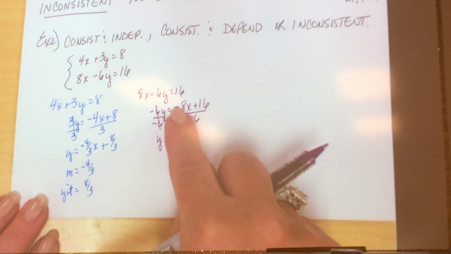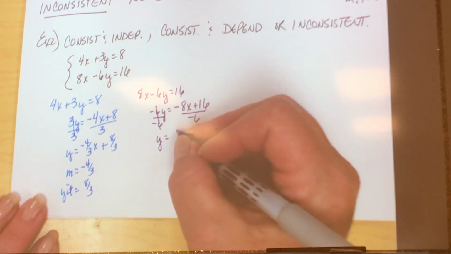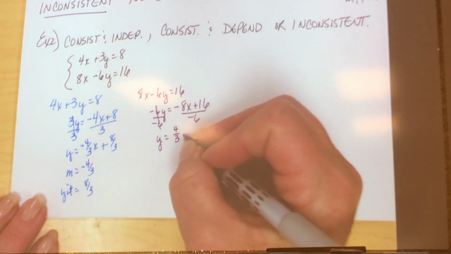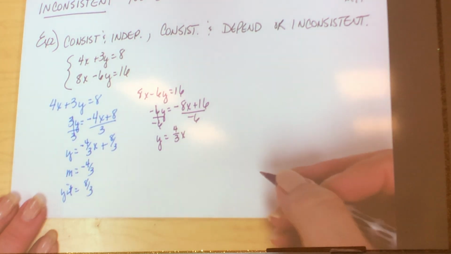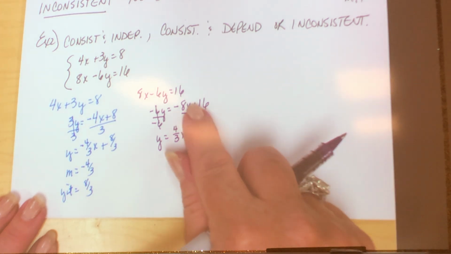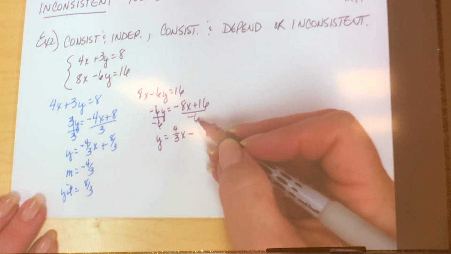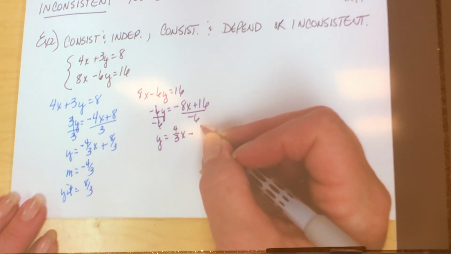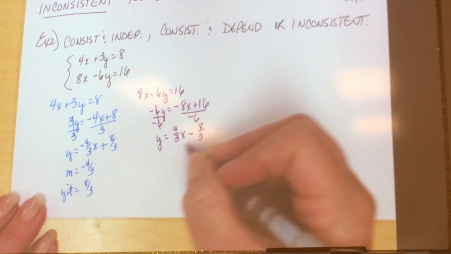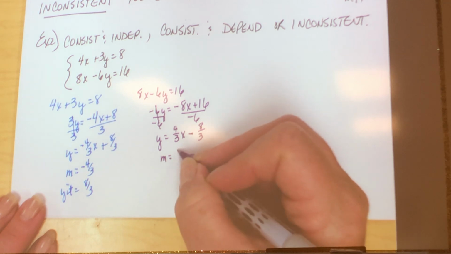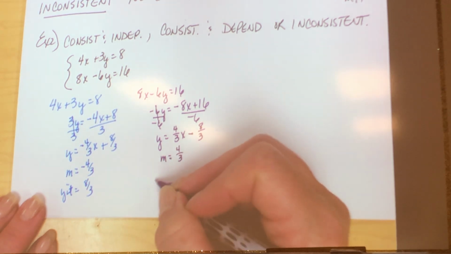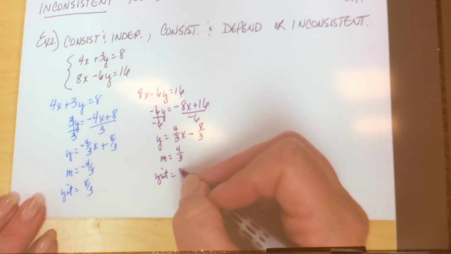Positive. What does 8/6 reduce down to? 4/3. You've got to put your fractions in lowest terms, okay? What's a positive divided by a negative? Negative. And what does 16/6 reduce down to? 8/3. So what's my slope? 4/3. What's my y-intercept? Negative 8/3.